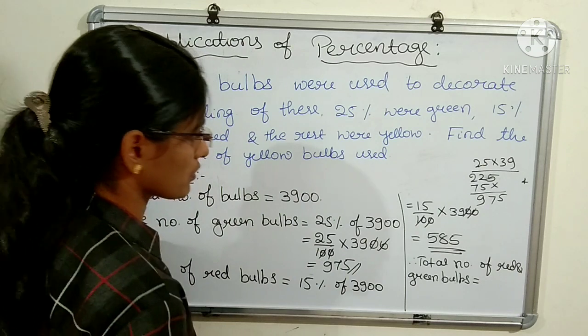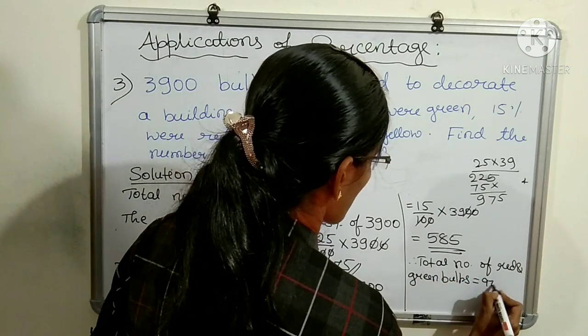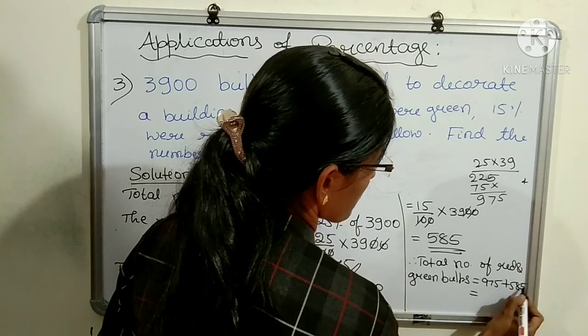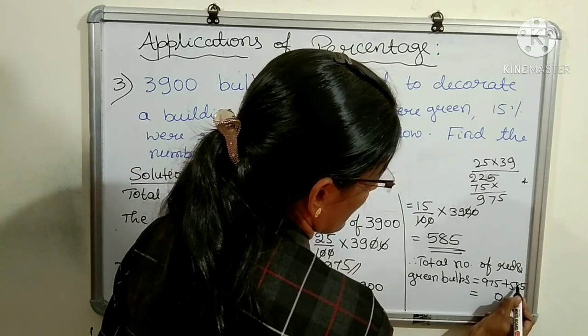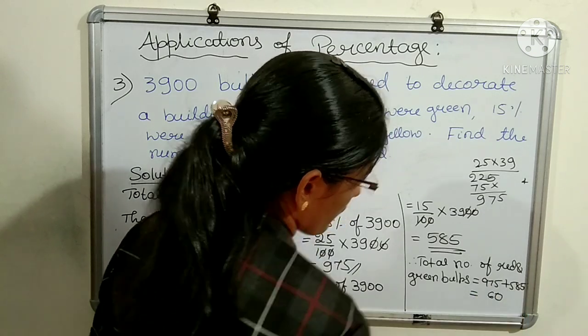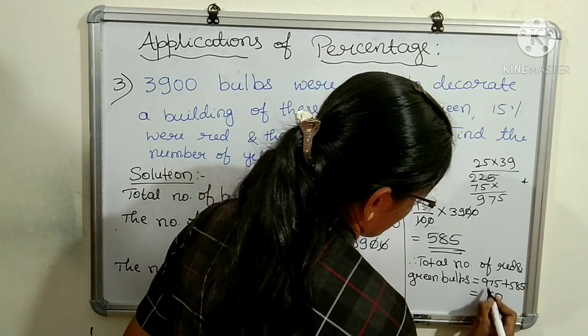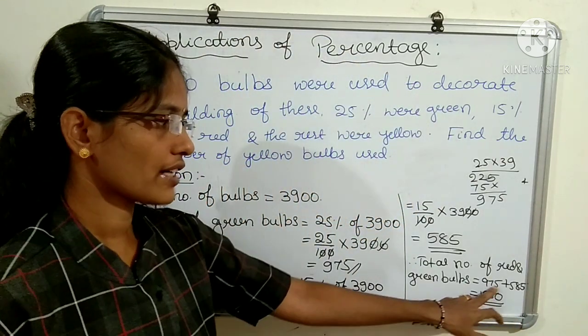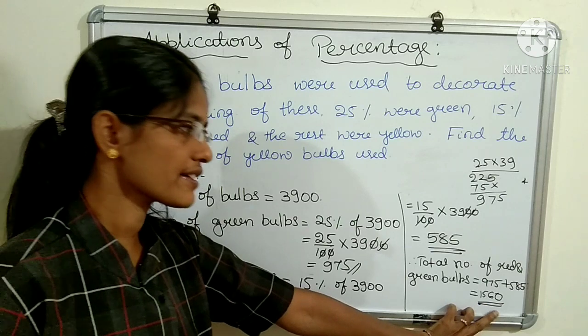We have to add both. 975 plus 585. Here 5 plus 5, 10, 16, here 15, 1560. If you add these two, you will get 1560.